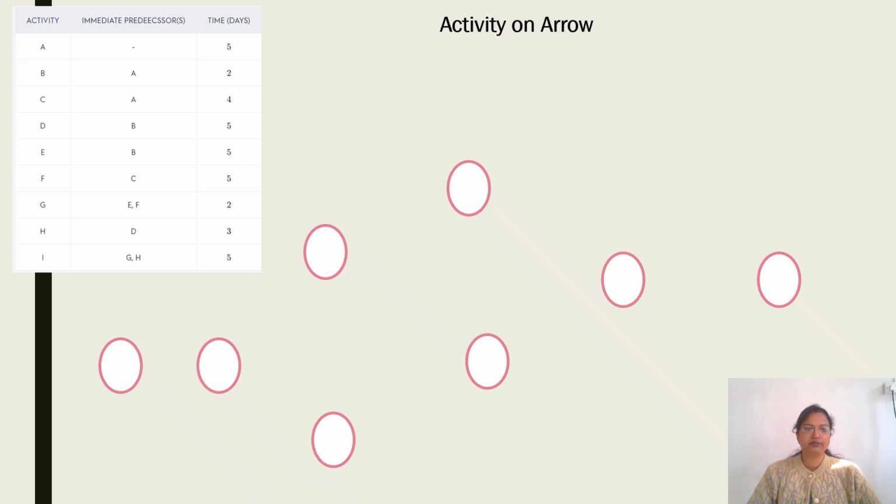But here we are going to draw the activity name on the arrow.